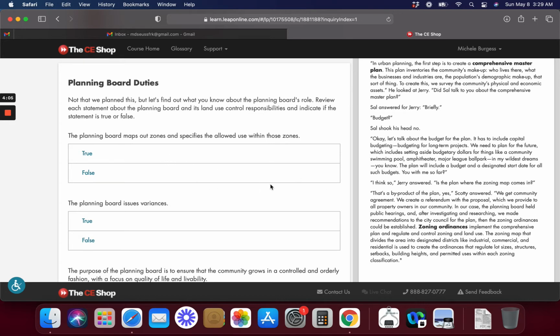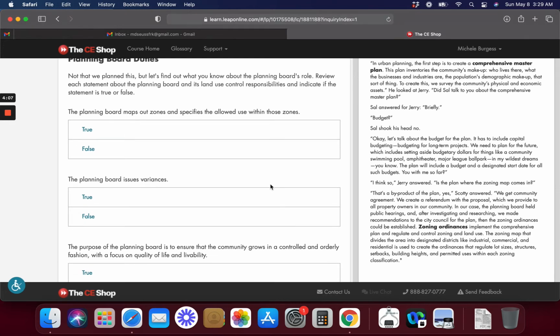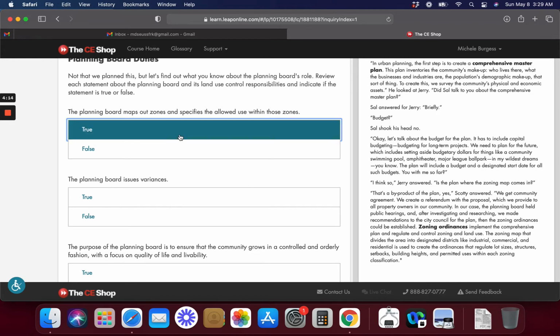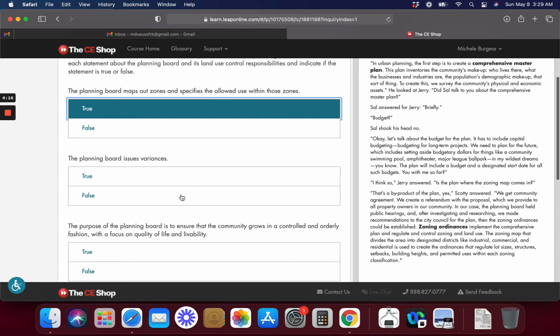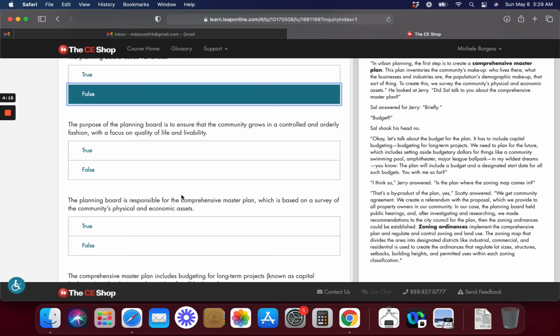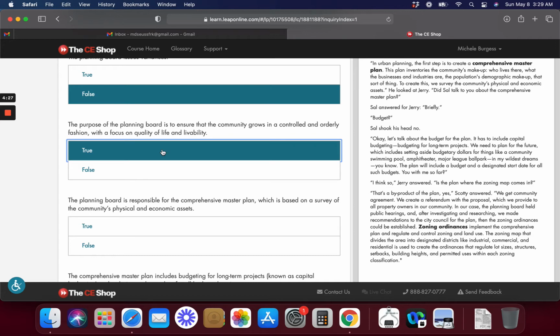All right, so let's take these little tests over here. The planning board maps out zones and allowed uses within those zones. Planning board issues variances. The purpose of the planning board is to ensure the community grows in a controlled and orderly fashion. That's hilarious. With a focus on quality of life and livability.